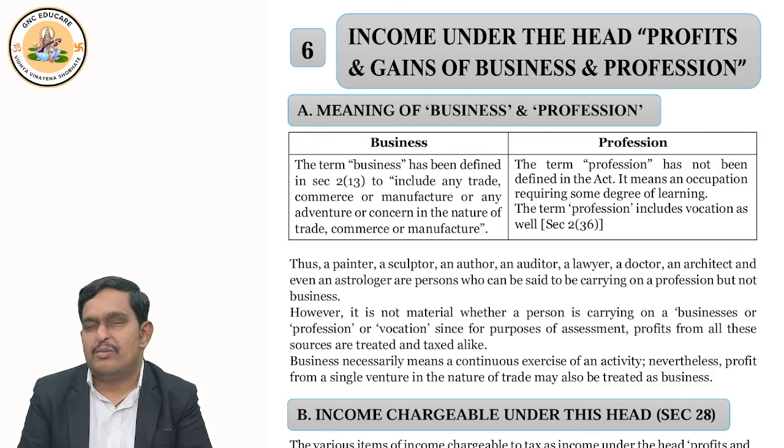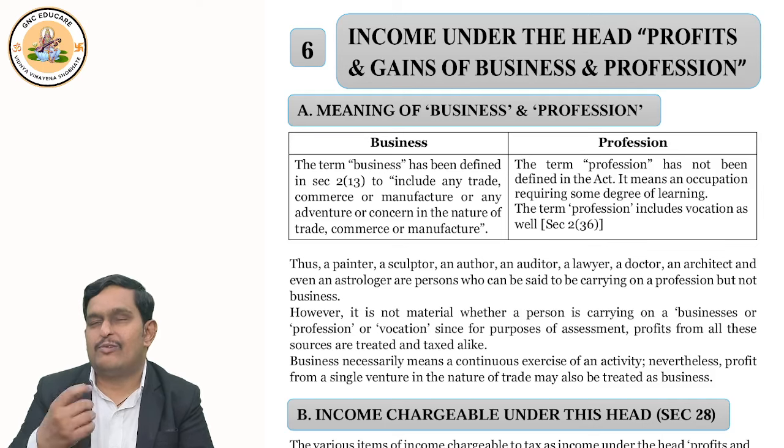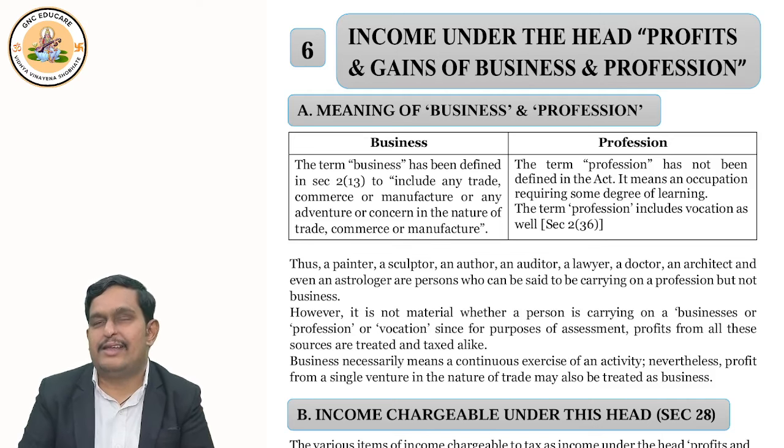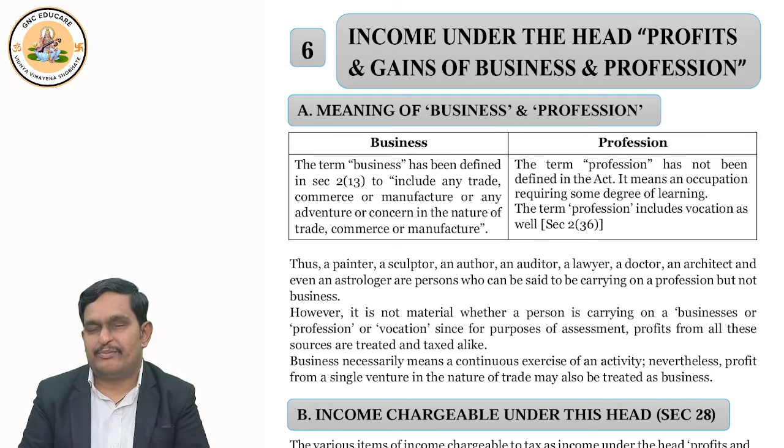Now profession includes vocation under section 2 clause 36. What is vocation? Vocation is a natural talent, a natural ability. Certain people earn income by showing their natural talent, which generally people don't possess.